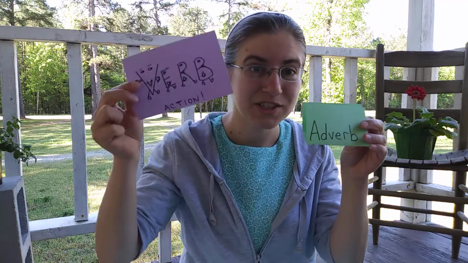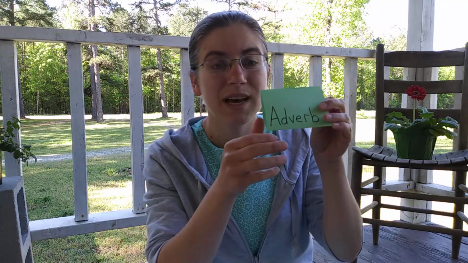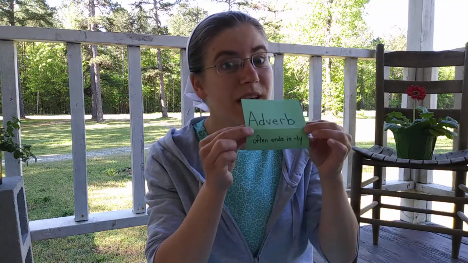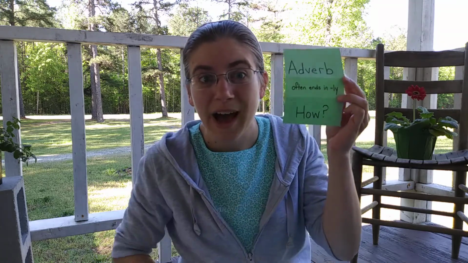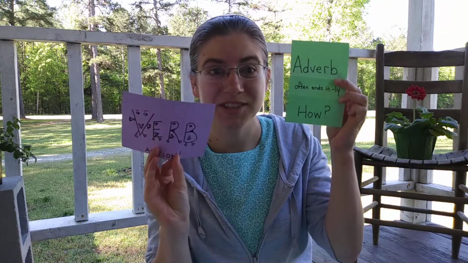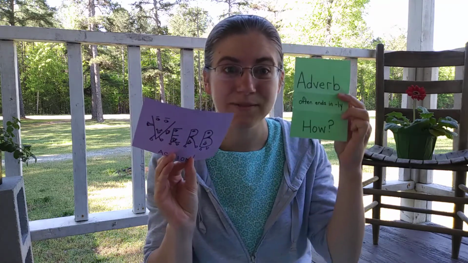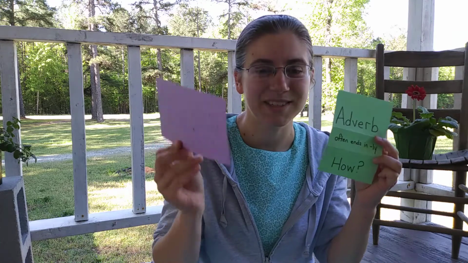An adverb often ends with ly, and an adverb tells how the action is done. Okay, an adverb tells how the action is done in a verb. Okay, so those are the 4 parts of speech that y'all have been learning, and you're doing a good job at learning those.